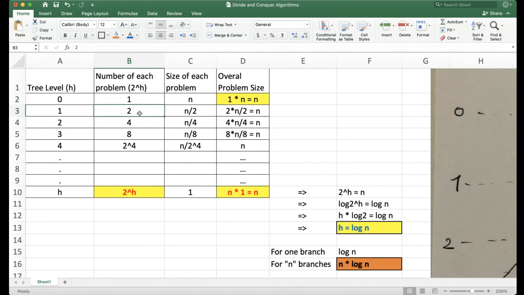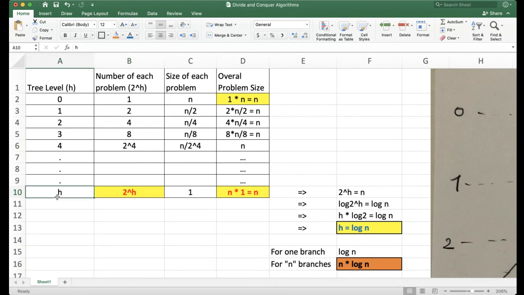The next one is 2 to the power of 1, so that's why it's 2. The next one is 2 to the power of 2, which gives me 4. The next one is 2 to the power of 3, which gives me 8. The next one is 2 to the power of 4, which gives me 16, and so on and so forth. So the relation between the level, or height of the tree, and the number of problems is basically 2 to the power of h.